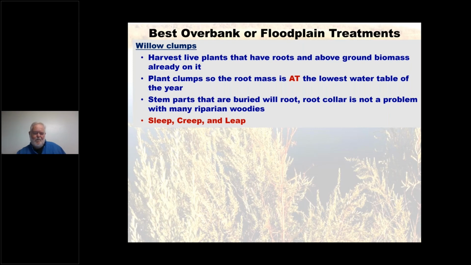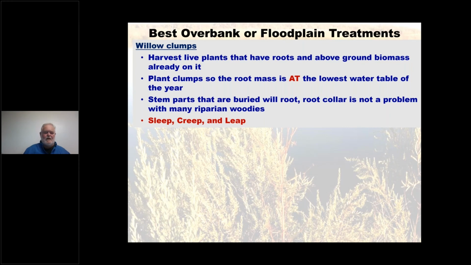One thing I'd point out to you is that with clumps, it's kind of a sleep, creep, and leap. Basically, when you plant it, it will sort of grow some leaves out, but it'll look pretty raggedy. And that's because it's sort of sleeping and recovering from the trauma of being uprooted and a lot of its roots cut off. Then the second year it's going to creep, which means it's going to put out more root systems.